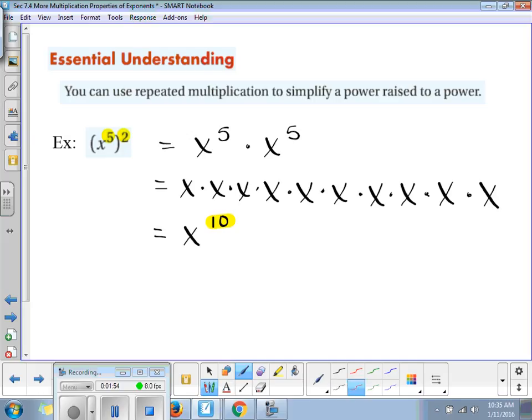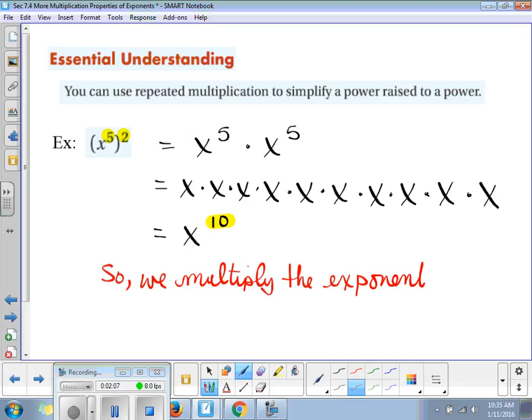So we multiply the exponents. So you multiply the exponents when you have a power raised to a power.